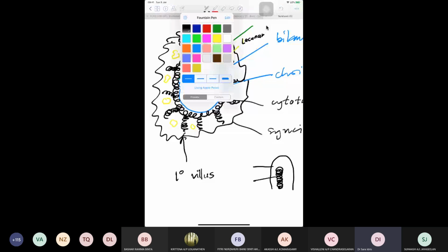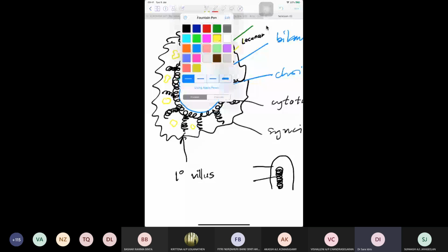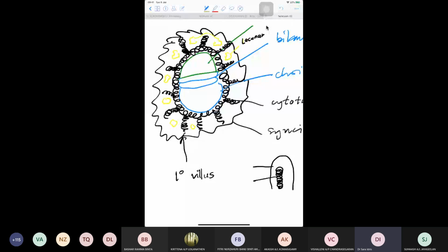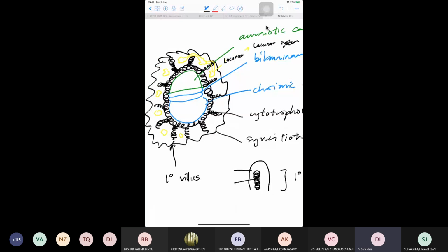Coalesce means that it will be continuous with each other. So you'll form continuation between one villus and the other, and therefore it becomes your lacuna system. So it becomes more of a system. Now you have your primary villus and you have your lacuna system surrounding your primary villus.